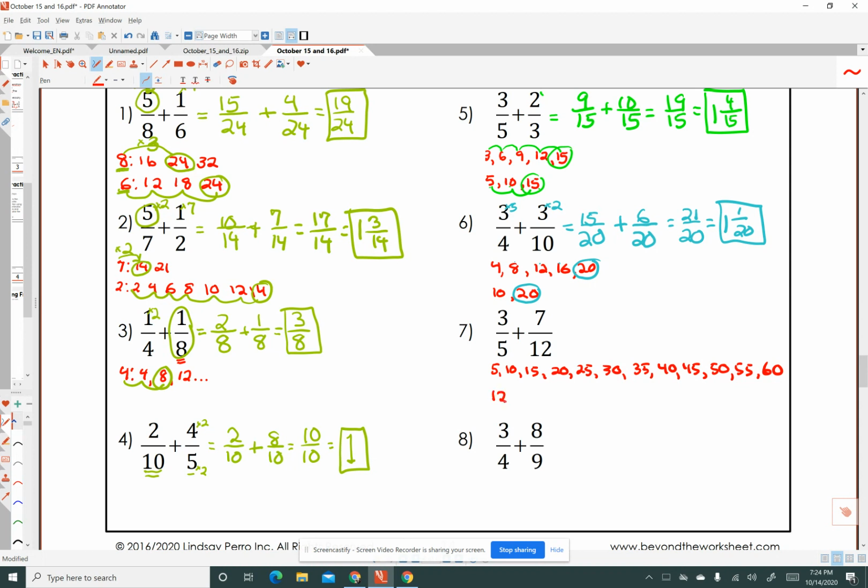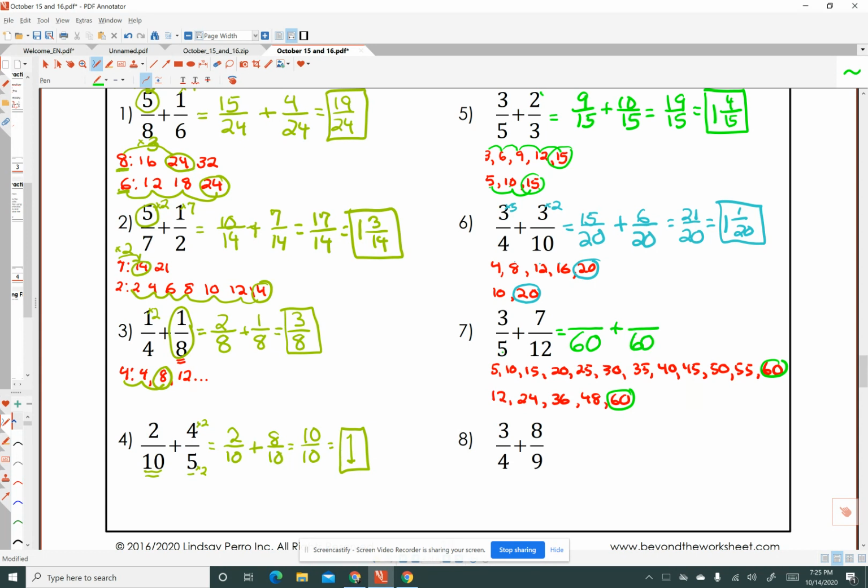Multiples of 12: 12, 24, 36, 48, 60. There's our multiple. Our least common denominator is going to be 60. Okay. So our denominator will be 60.